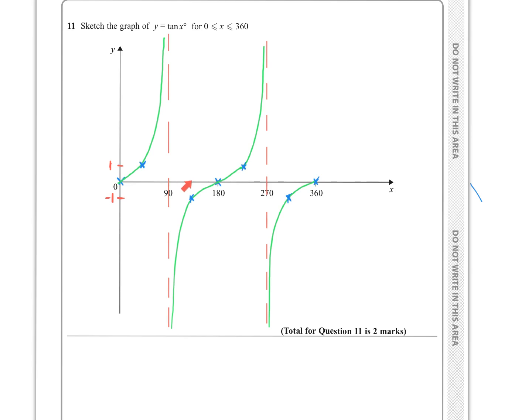Likewise for 135 and so on, so I knew these were all at -1, 1, -1 and so on. So I also made sure I showed that the curve was tending to the asymptote but not actually cutting it at all. That's really important. So I think they're the key things to know for this question.